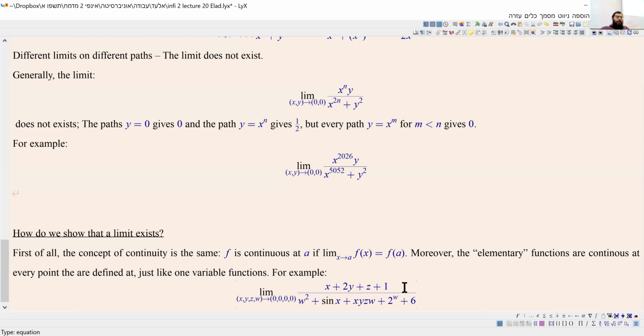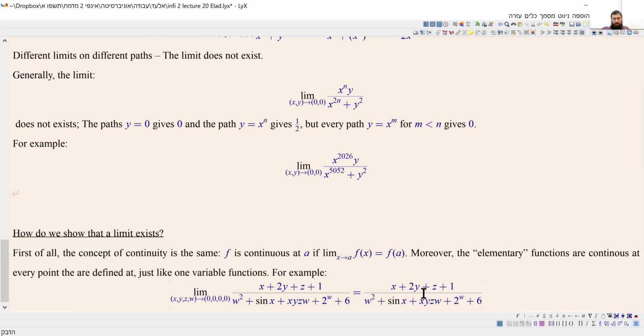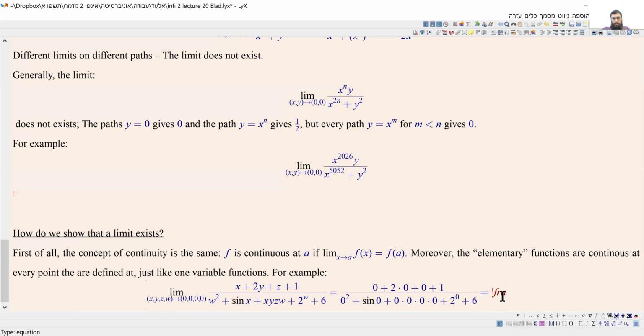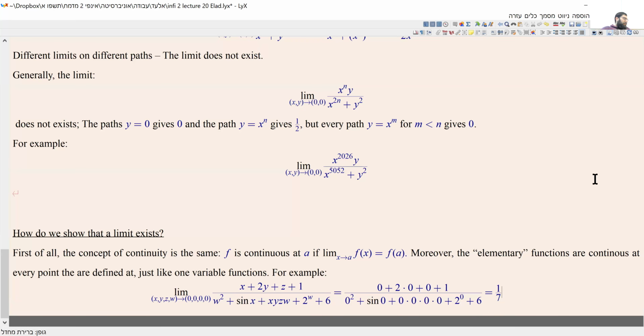Impressive, but the denominator is not zeroing at our point 0, 0, 0, 0, so we can just put it in and get our value, which is, as far as I can see, 1 above 7. Okay, not very impressive, but it does the job.